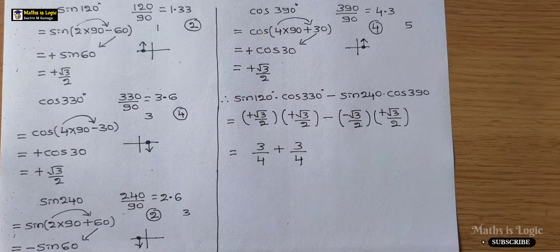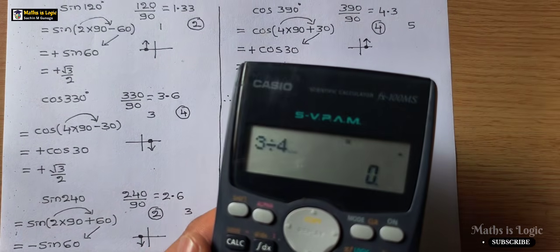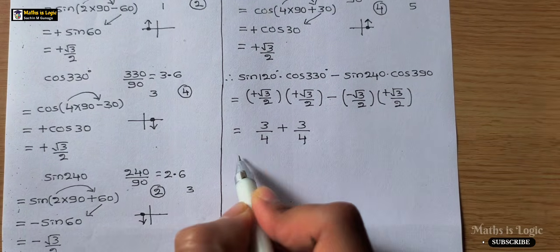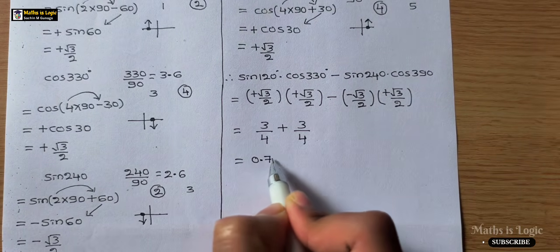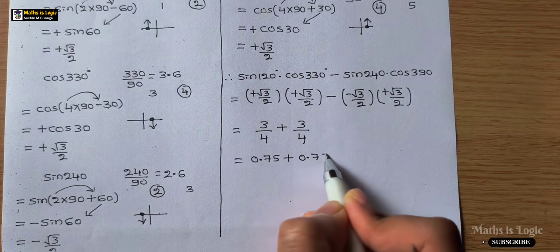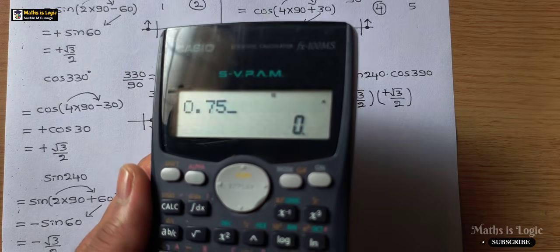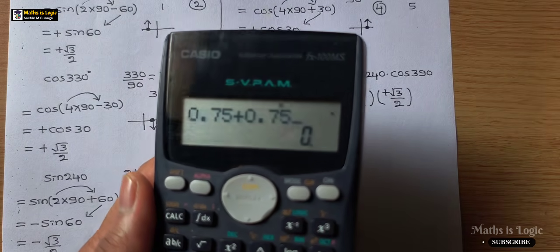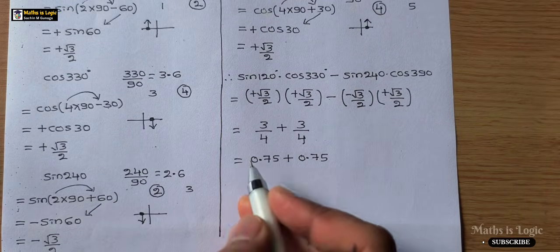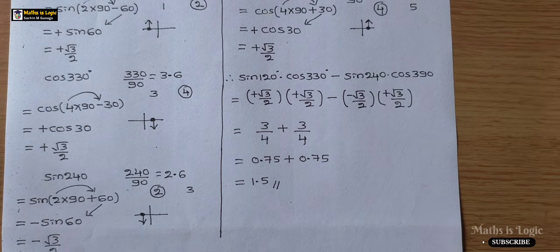Here you can take the LCM, otherwise directly use the calculator. 3 divided by 4, how much? 0.75. Again 3 by 4 means 0.75. Now add 0.75 plus 0.75. So what is the final answer? 1.5. So this is the final answer.